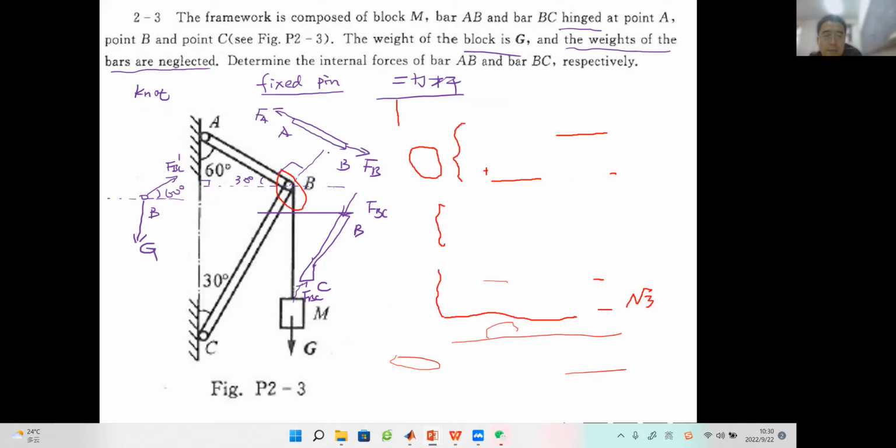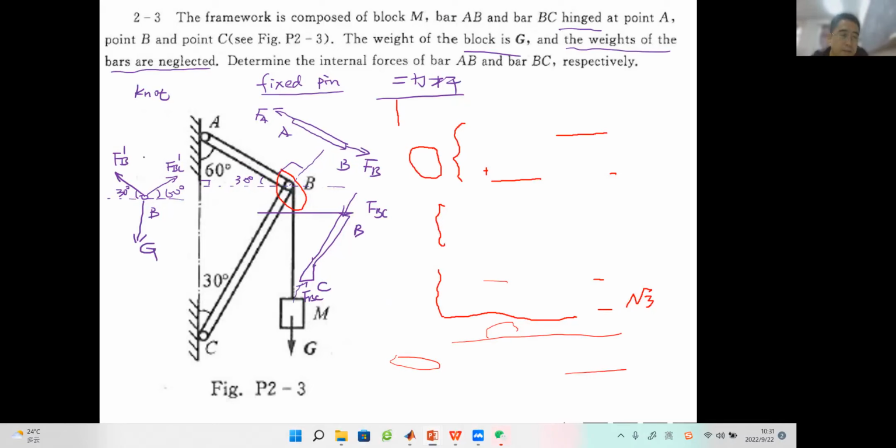So if AB has this force FB here, it will also have a reaction force. You see? We can write it as FB prime. So this angle will be 30.